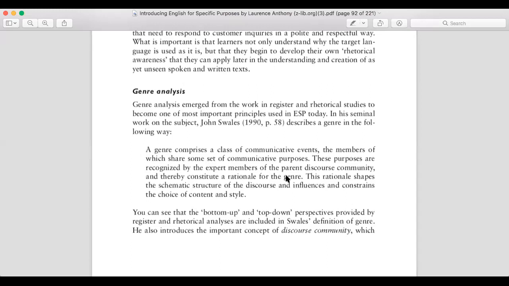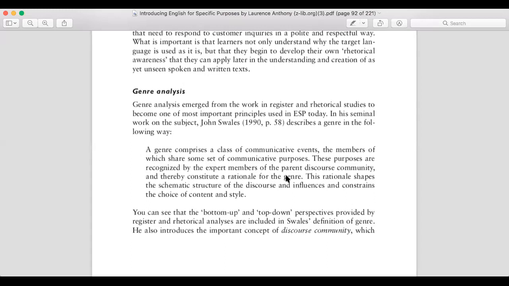So every discourse comes with its own content and its own style, which you analyze through genre analysis, including the intended audience. Who would be the audience? Who would be the participants? So using all of these, you can design your course objectives.